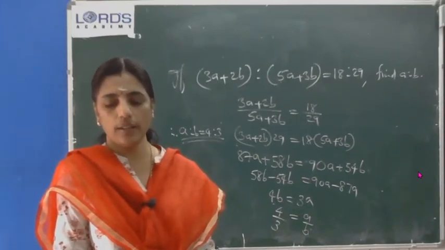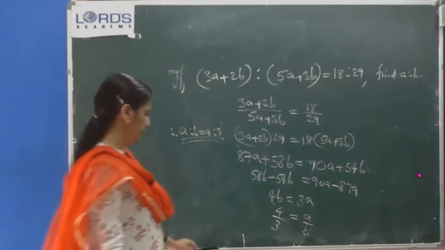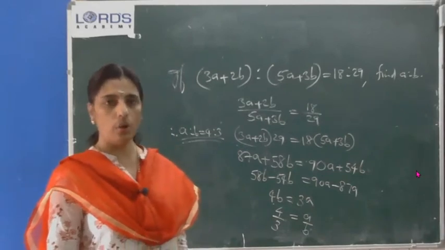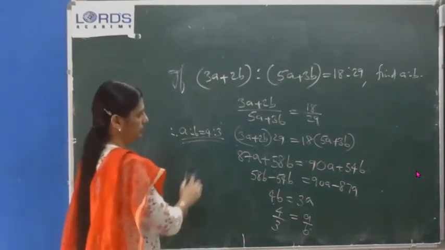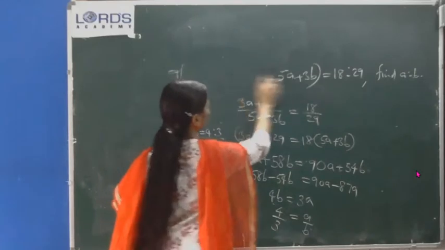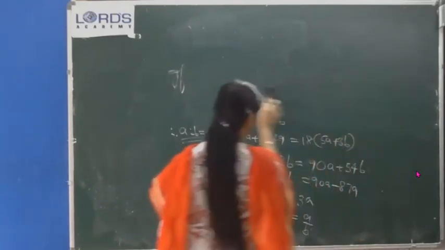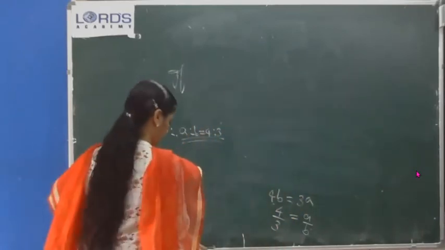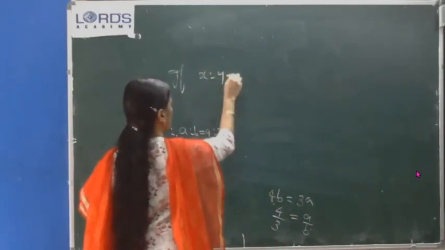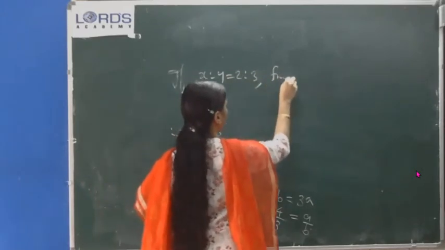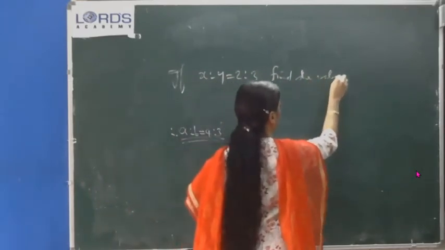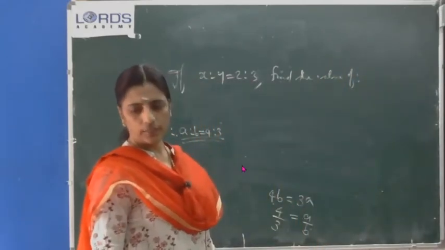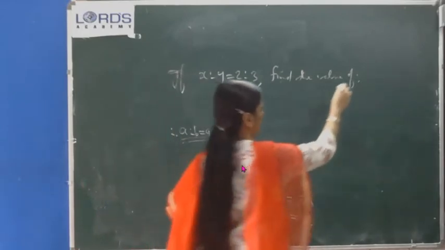If x is to y equal to 2 is to 3, find the value of 3x plus 2y is to 2x plus 5y.